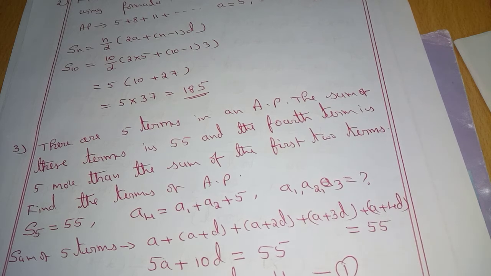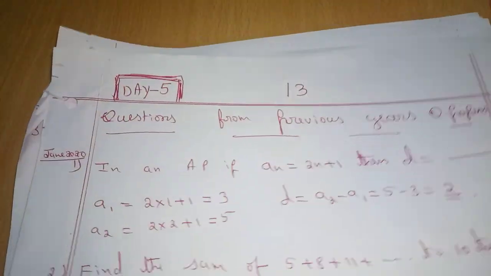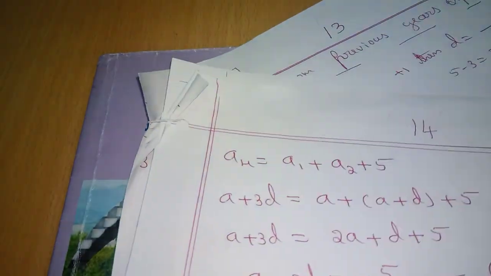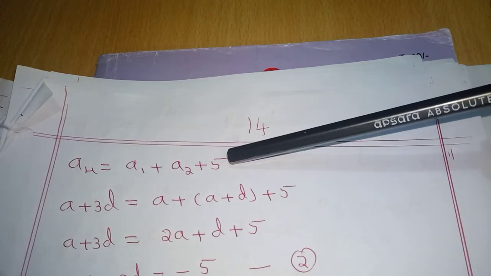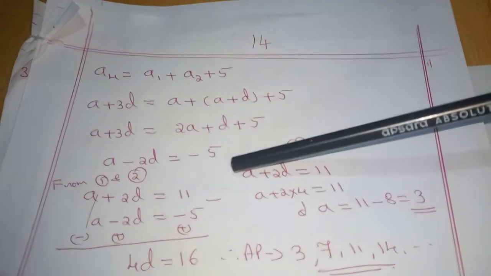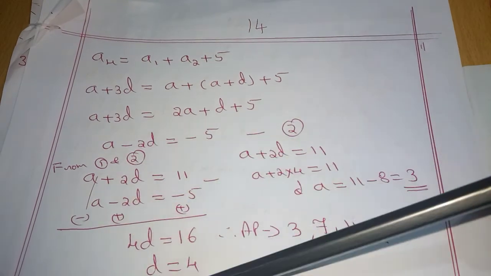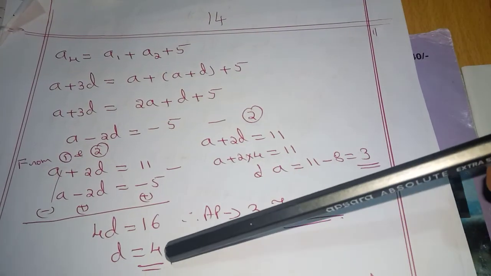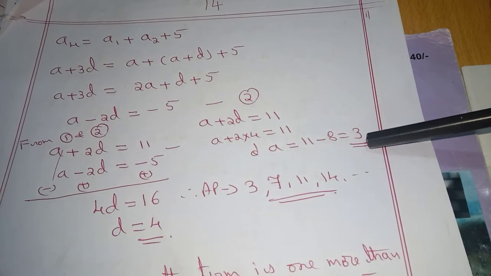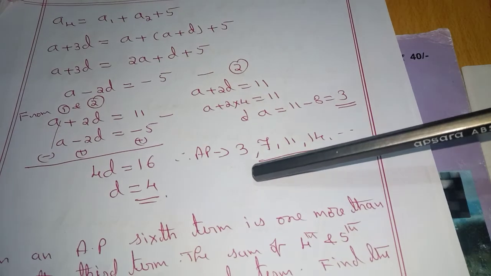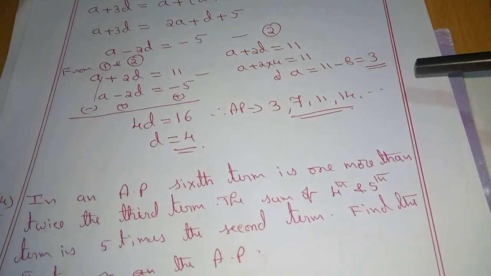When we simplify, we get the first equation A plus 2D is equal to 11. Use the second equation, A4 is equal to A1 plus A2 plus 5. When we simplify, we get A minus 2D is equal to minus 5. When we solve both equations, we get D value 4. Substitute in any equation, we get A value 3. Therefore, AP is 3, 7, 11, 15 and so on.